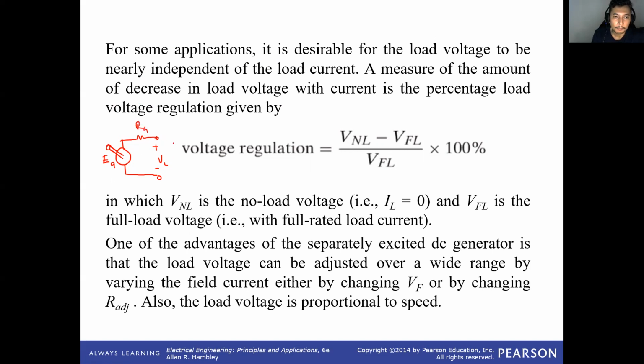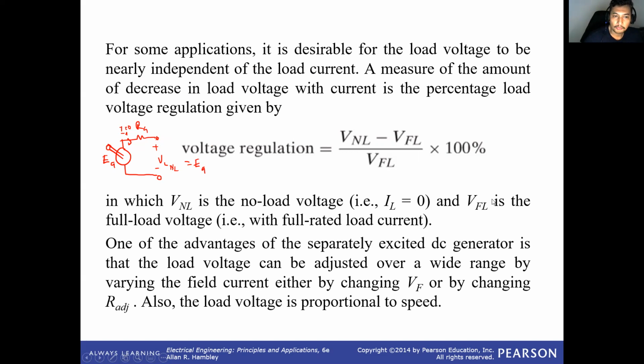When it is open circuit, the voltage across this terminal is called V no load. From here, you can see that IA will be 0, because there is no load connected and it is open circuit. So V no load is equal to the voltage induced, which is EA.